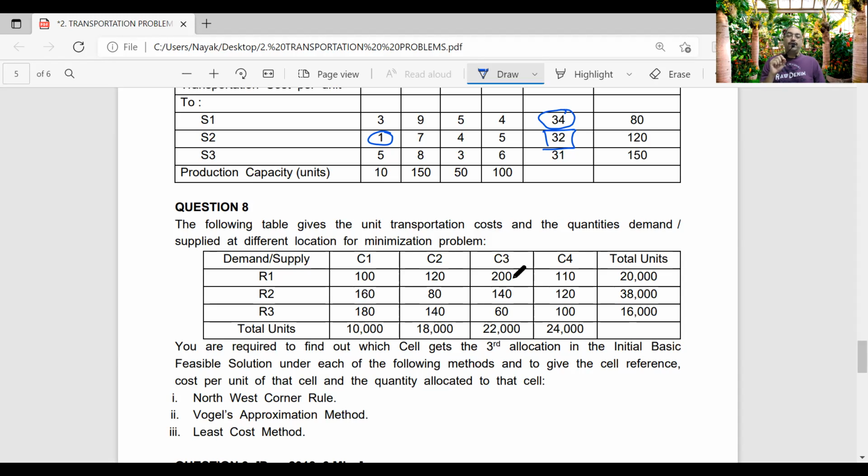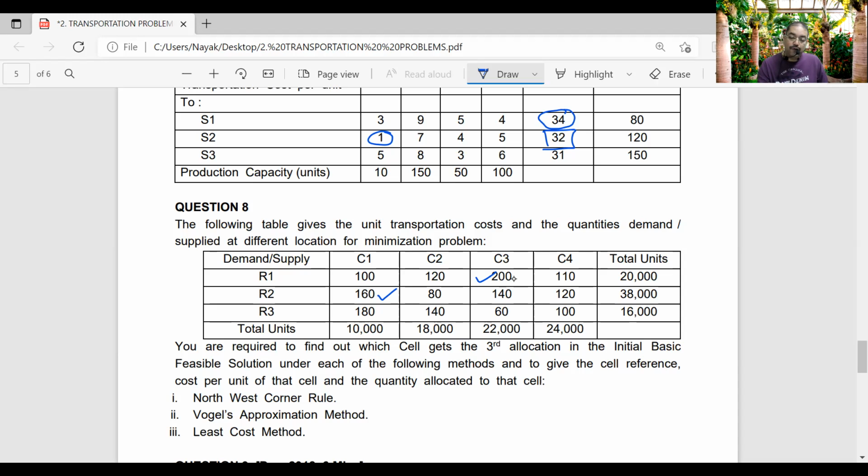How do you give a reference of a cell? Row first, column second. Suppose I am referring to this particular cell, I will refer to it as R2C1. And if I'm referring to this one, it will be R1C3.